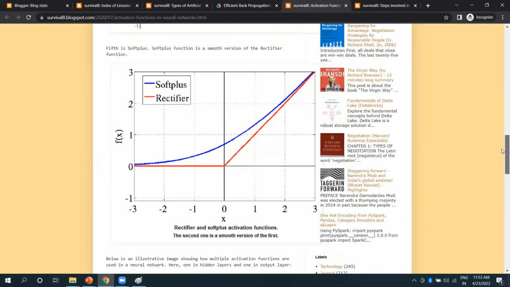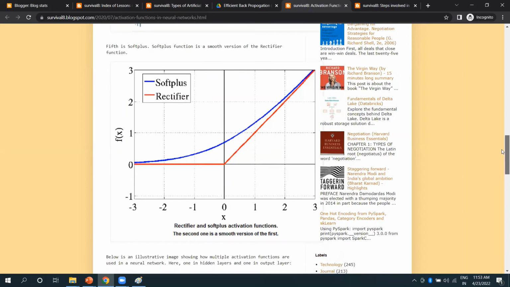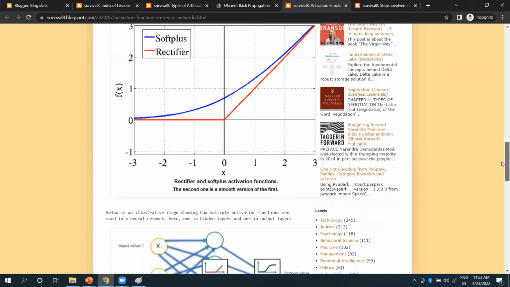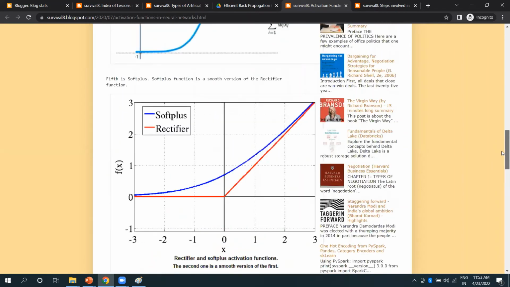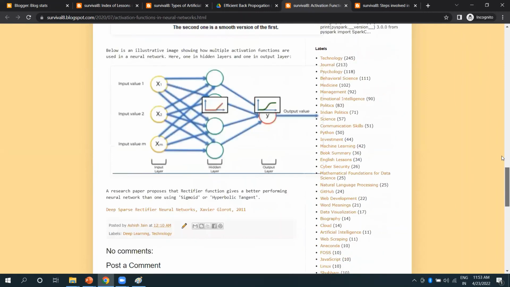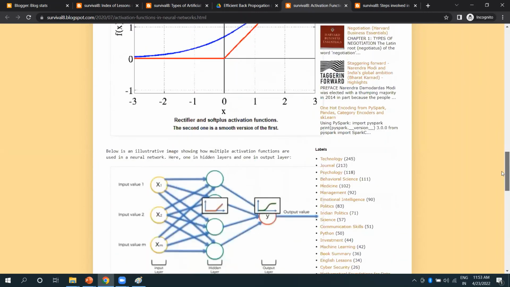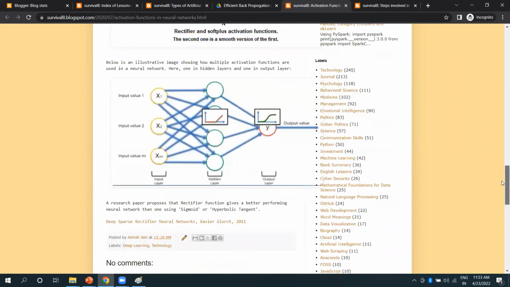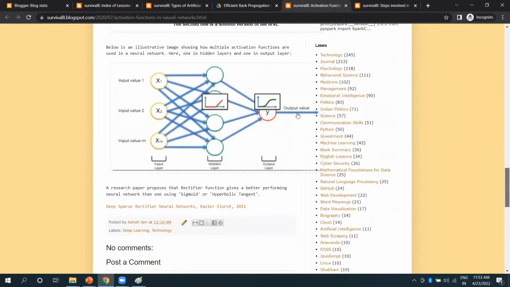Soft plus is a smooth version of the rectifier function, and its equation is not given here, but we can find it on Wikipedia. Below is an illustrative image showing how multiple activation functions are used in a neural network.